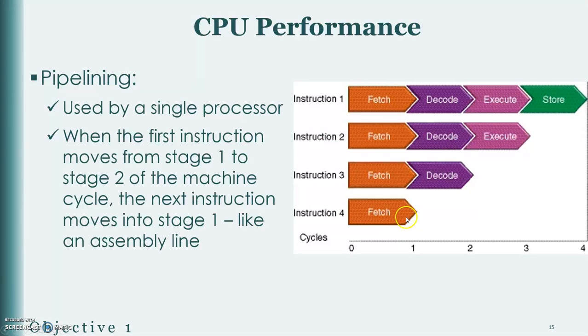As this one executes its 4 steps of the machine cycle, this one is now on its 3rd step, this one's on its 2nd step, this one's on its 1st step. As things go down the pipe, it starts bringing in instruction 2, instruction 3, instruction 4.